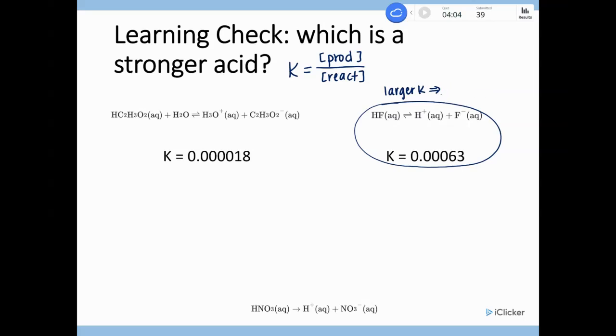So let's say larger K, more H plus, stronger acid. So both of these in general are weak acids, but we can still compare weak acids to each other and say one can be stronger than the other, and that's what we're seeing here, because that K value is larger.